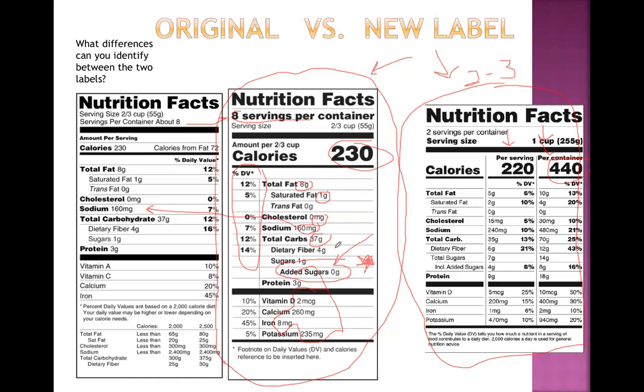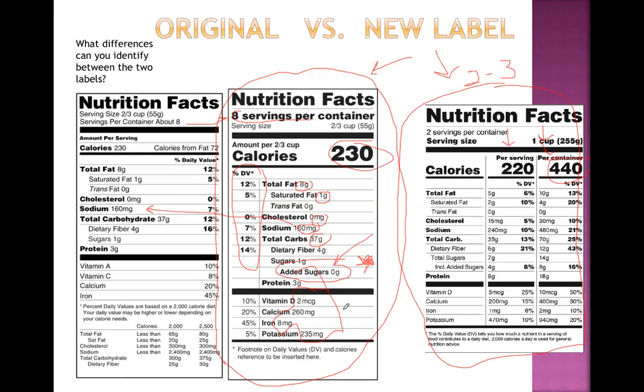The vitamins did change a little bit. On the old label, you notice it's vitamin A, vitamin C, calcium, and iron. On the new label, we have vitamin D and potassium. So those are just some of the differences.